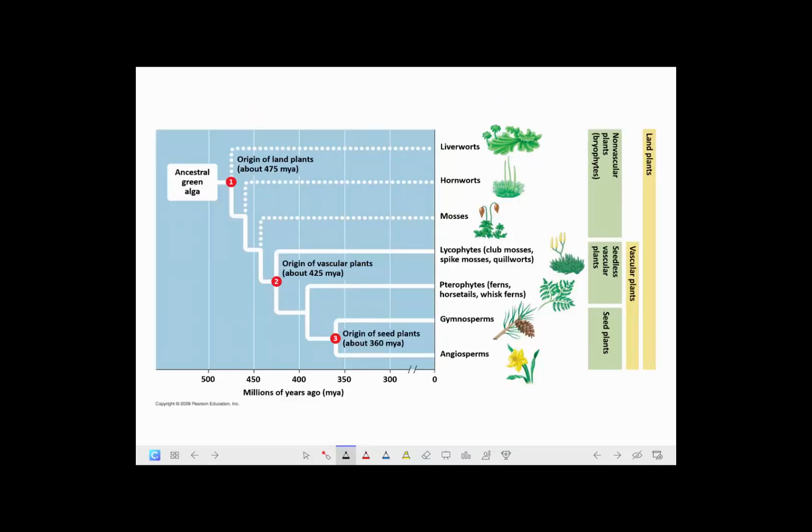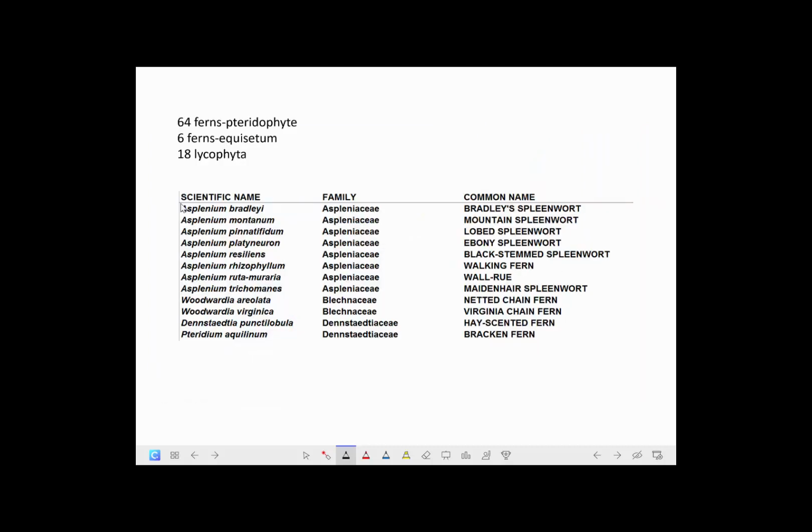So phylogeny, what we're looking at, again, two phyla of plants: the pterophytes, which includes ferns, and also includes, in our area, horsetails, and in other parts of the world, what are called whisk ferns, and another phylum called Lycophytes, that includes club mosses, spike mosses, and quillworts, all three of which occur in Ohio.